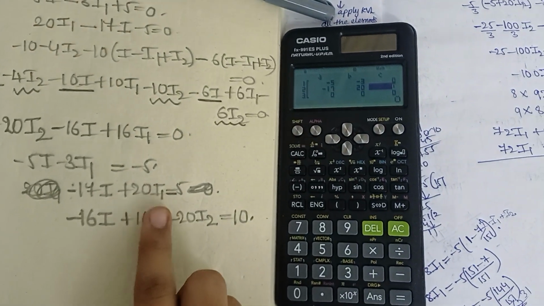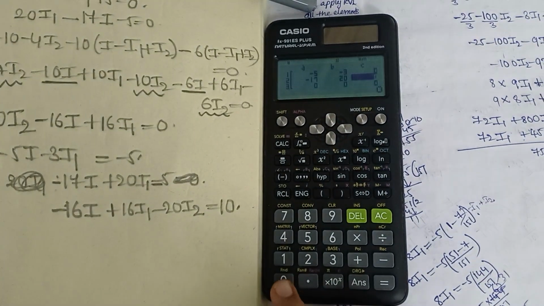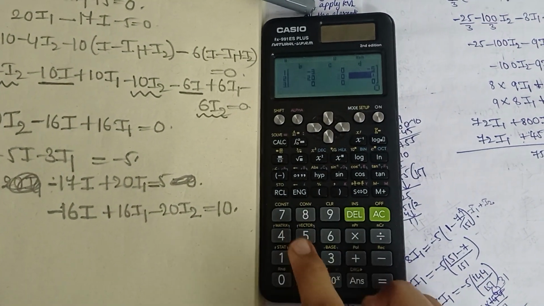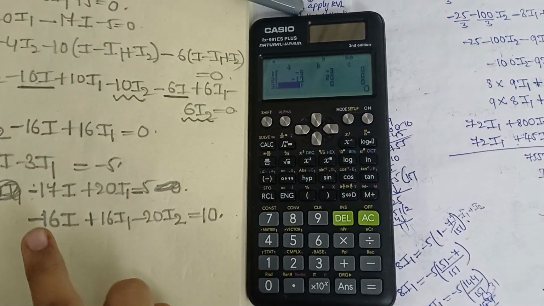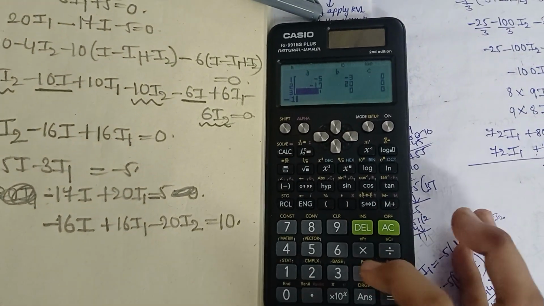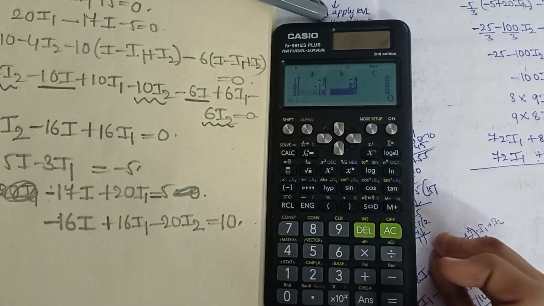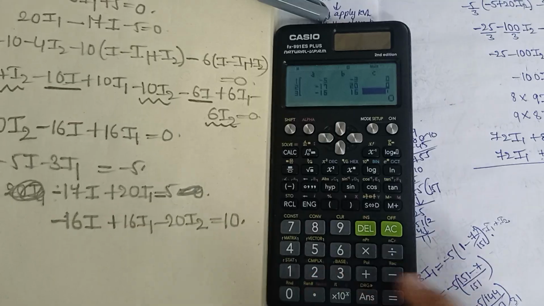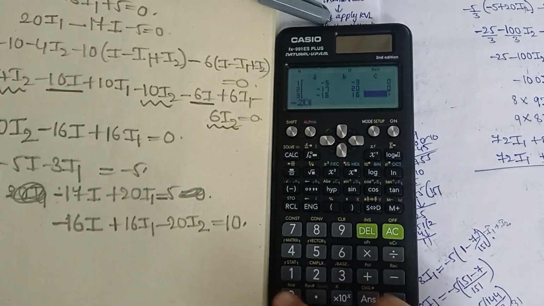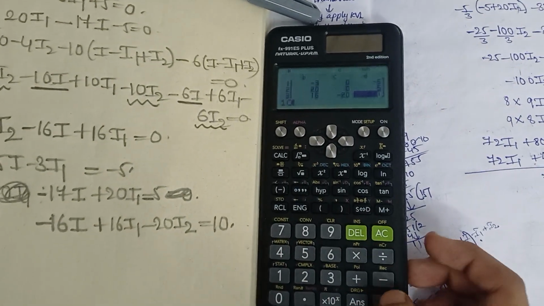Here again your I2 is 0, right? So 0, equal to, 5, equal to, and then again here minus 16, equal to, 16, equal to, minus 20, equal to, 10.